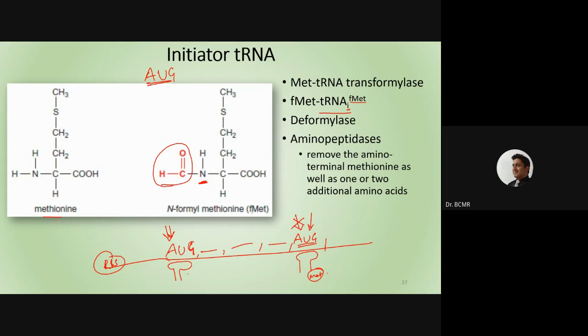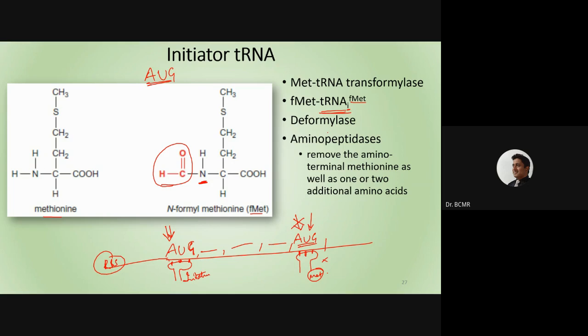That is called F-Met. This initiator recognizes AUG, and the second one also recognizes AUG, but this is the initiator tRNA. It's a different one, and this is the normal one. So the initiator tRNA will always carry N-formyl methionine.